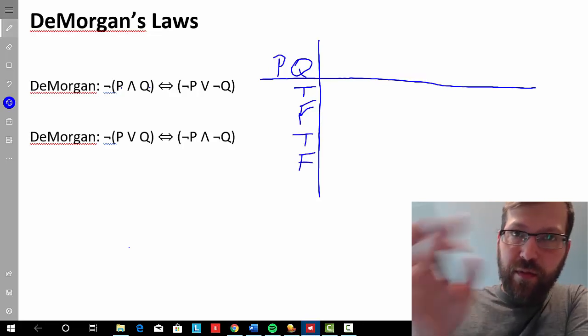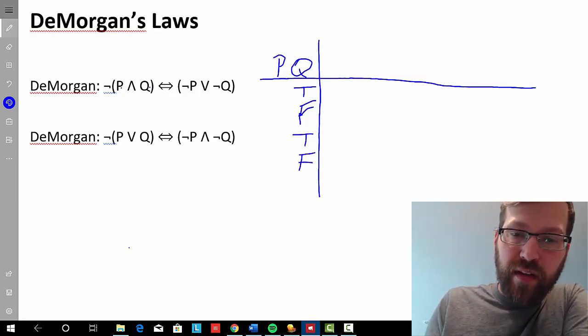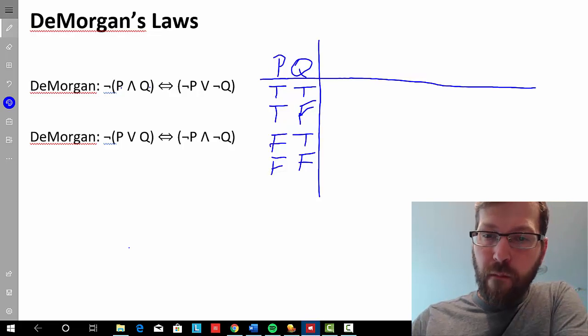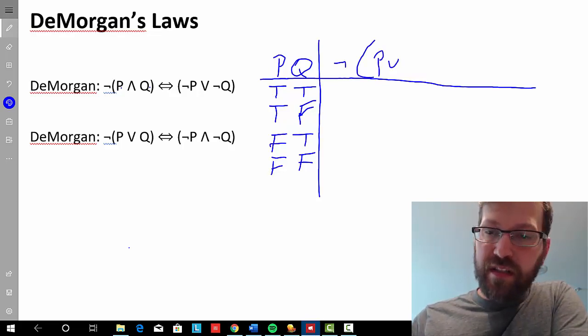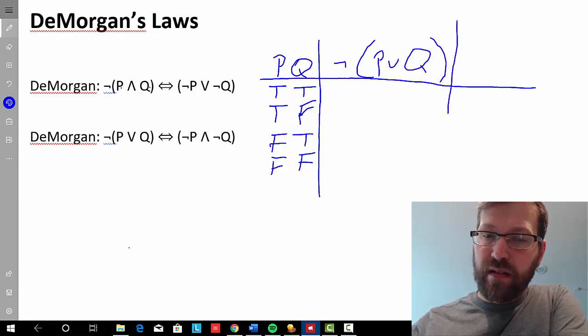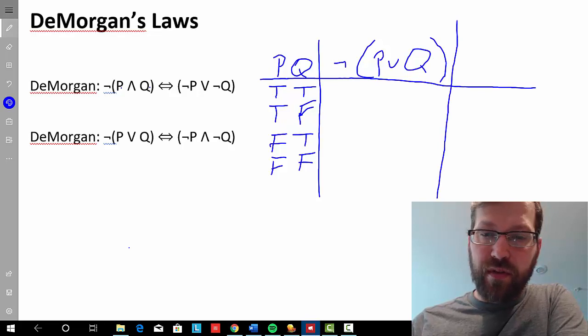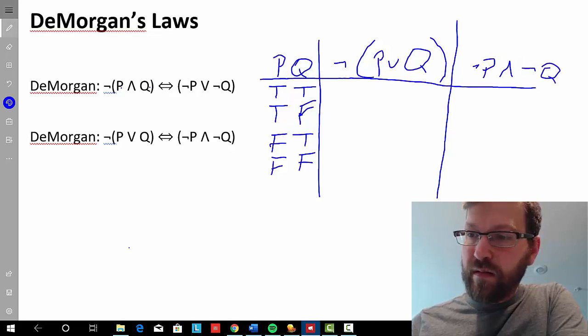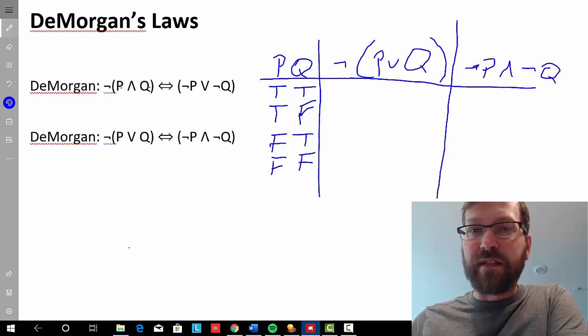And then as we move leftward, we always double that, so we get true, true, false, false for our P. One of the sentences we want to determine the truth conditions of is that one, and then we also want to determine the truth conditions of this sentence.